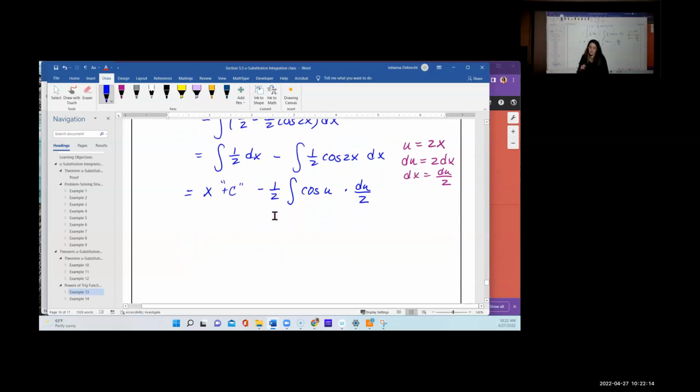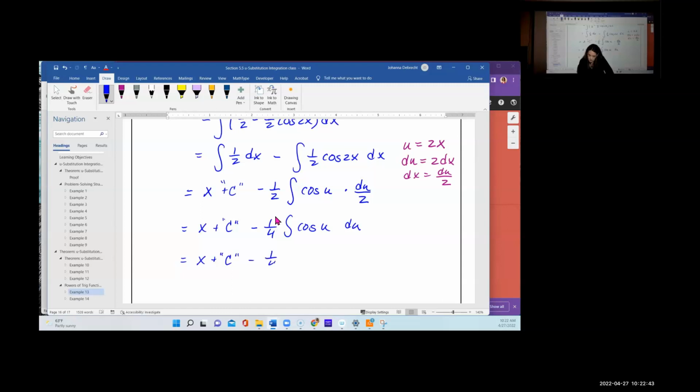Now the 1/2 that's on the inside can join the 1/2 that's on the outside. And this x plus c over here is just following along. And this becomes minus 1/4 the integral of cosine of u du. Okay. And now the next thing that we want to do is integrate cosine of u, which we've integrated several times today. It becomes sine.